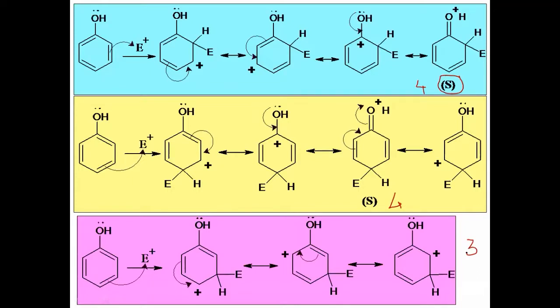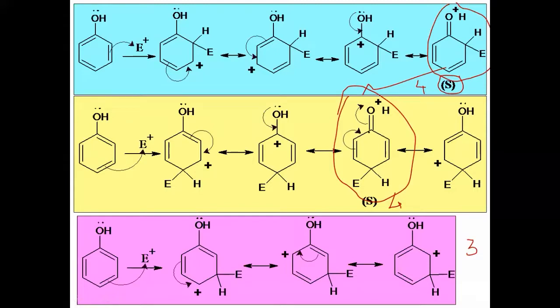This was the first reason. What can we say as the second reason? In the case of ortho attack, we get an especially stable resonating structure, because in that structure all the carbons and oxygen have a complete octet. Therefore, this is specially stable. In the case of para attack also, this structure has additional stability, because here also all the carbons and oxygen have a complete octet.